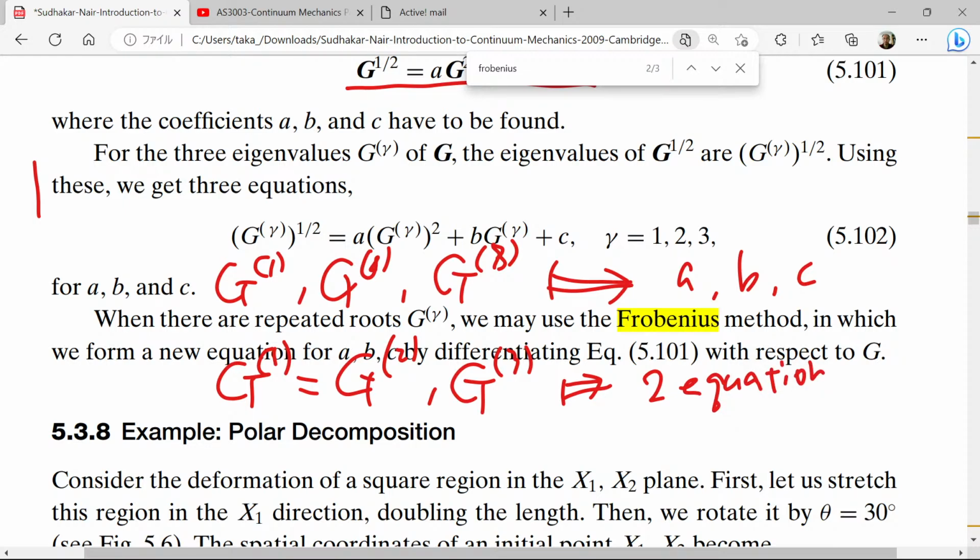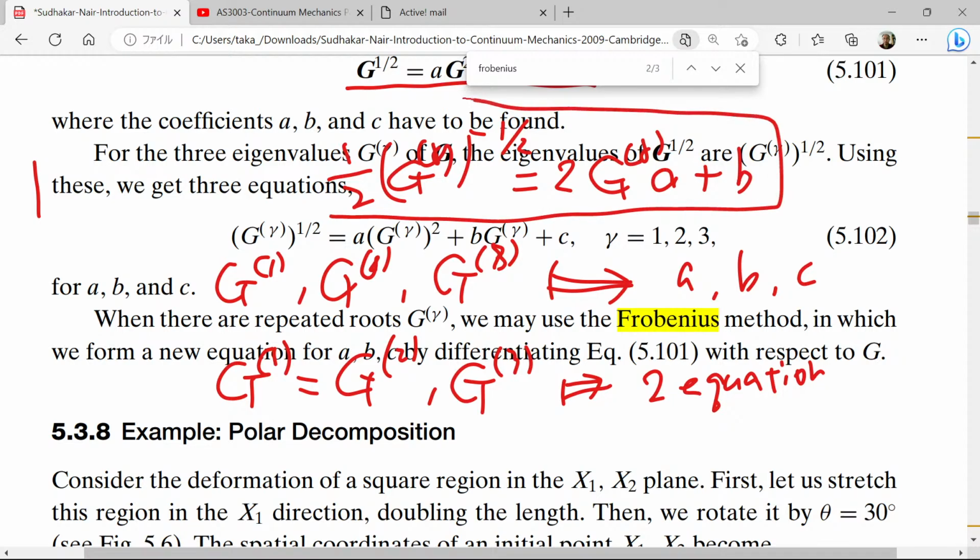Then what you do is you differentiate. So that means you go like G gamma to the power minus 1/2, with 1 over 2 in front, equal to 2 G gamma A plus B. So you can use this equation as the third equation.